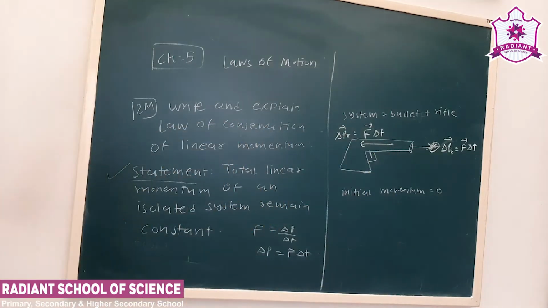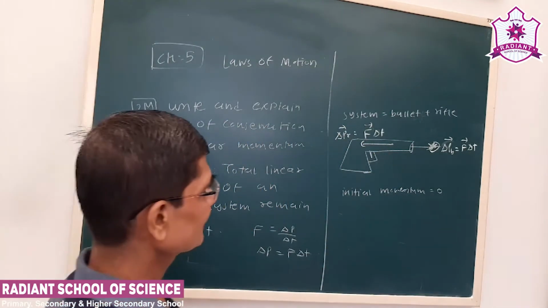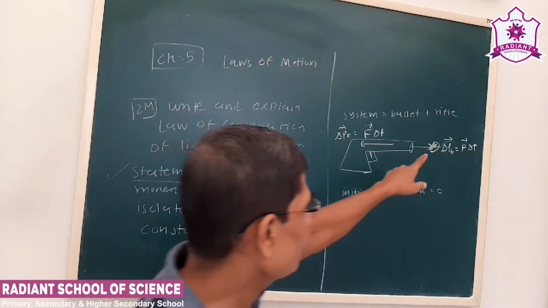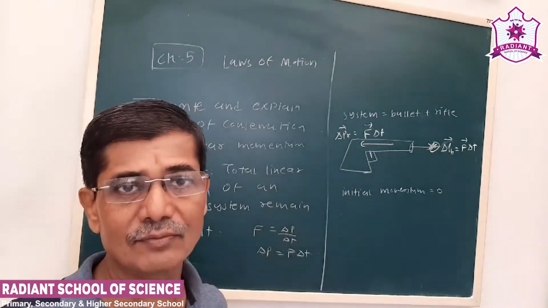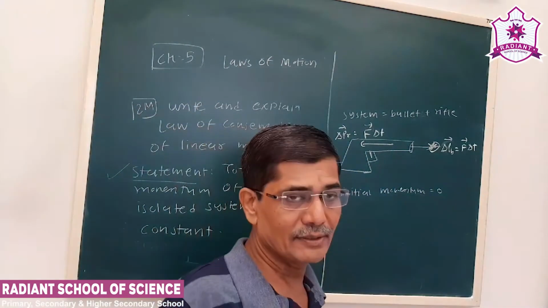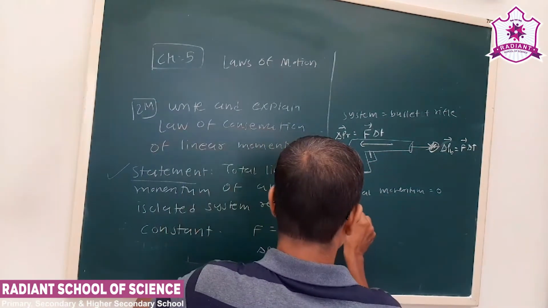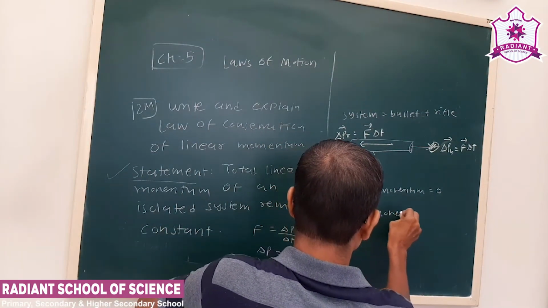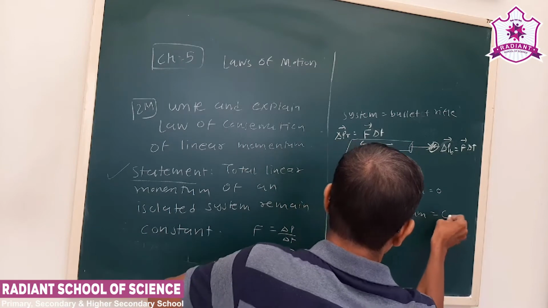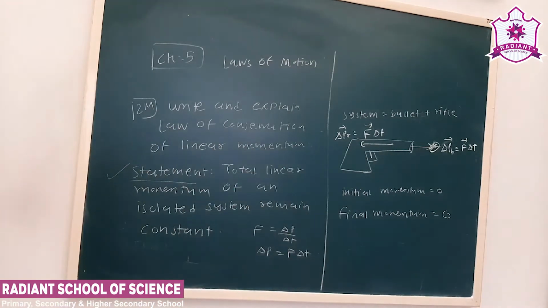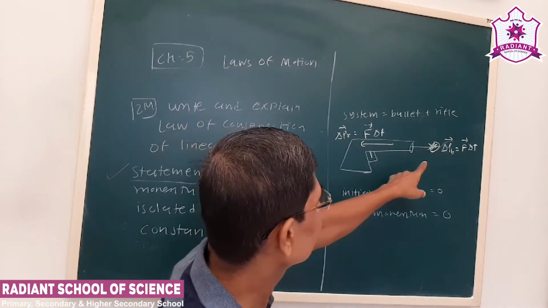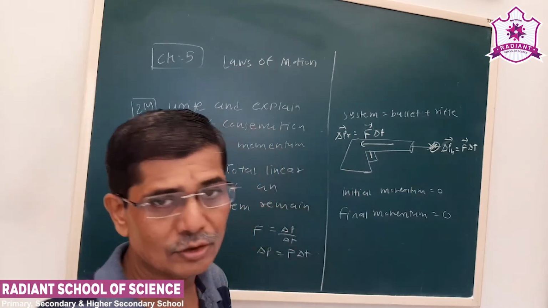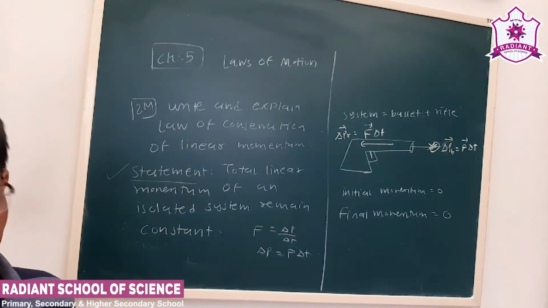Now see delta PB plus delta PR. Initially the system was at rest. Initial momentum is 0, so the final momentum should be 0. In that case, delta PB and delta PR should be equal in magnitude and opposite in direction.